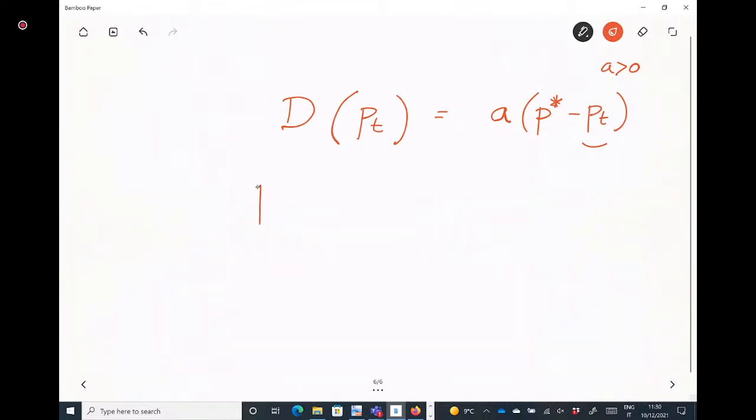Next, the price at time t+1 depends on the current price, but it increases if there is a positive demand. It decreases if there is a negative demand. So basically, the price change from now to the next period is equal to the coefficient B times the demand. Okay?